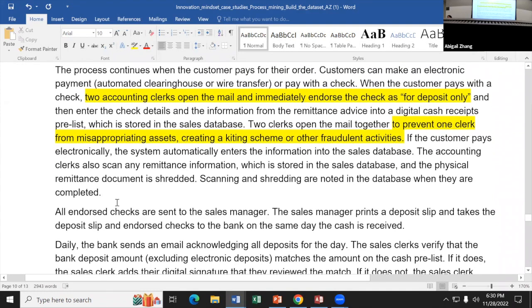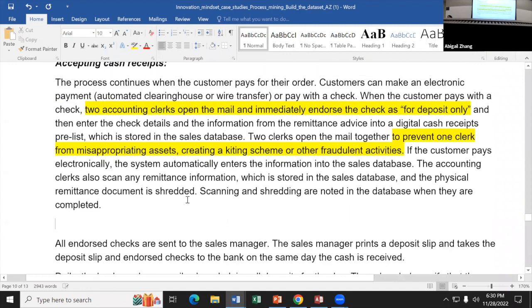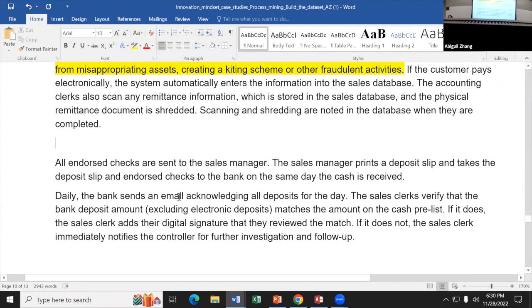Moving forward, after the cash is received, it's time to deposit the cash. All these checks will be sent to the sales manager. The manager will print a deposit slip, a document specifying these are the checks that I'm going to deposit, and this is the total amount.